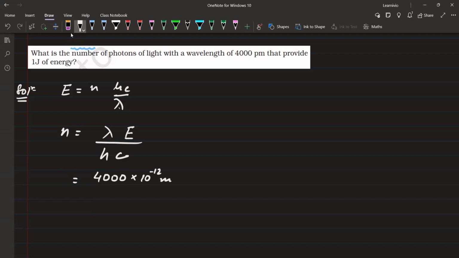You will keep things in meters. Into energy, क्या हो जाएगा? 1 joule. तो 1 लिख दिया आपने बस, है ना? This will be in joule.